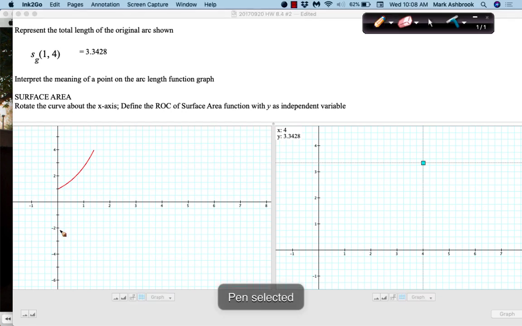Right, so like this. That's when I've gone halfway around with this thing.